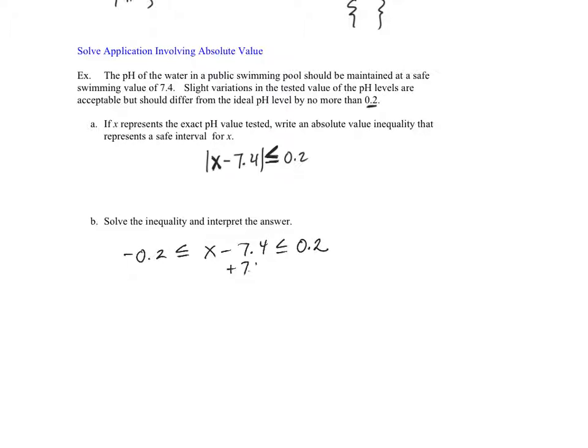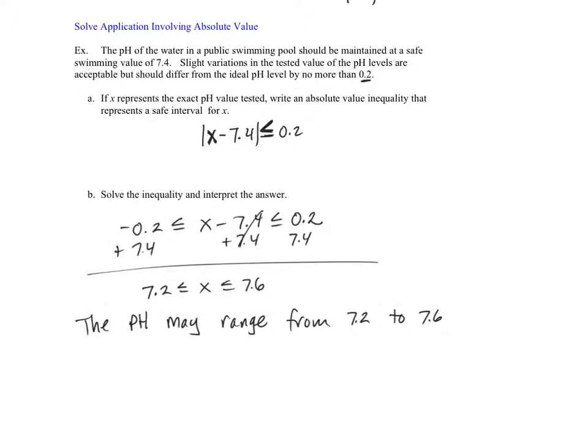And then we could go through and solve that, add 7.4 to all the sides, and we would get 7.2 is less than or equal to x, which is less than or equal to 7.6. So the range of ideal pH levels would be anything between 7.2 and 7.6. And these show up in engineering as well, and in medicine, where there's kind of this range of acceptable values.